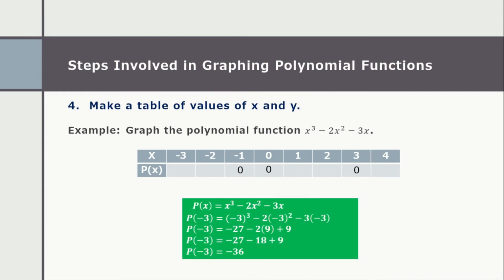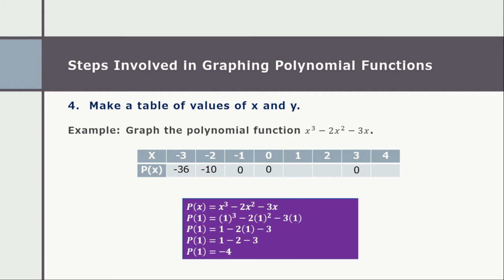If we substitute -3 to the given polynomial function, we will come up with -36. And for -2, we have -10. And for 1, we have -4. And for 2, we have -6. And lastly, for 4, we have +20.